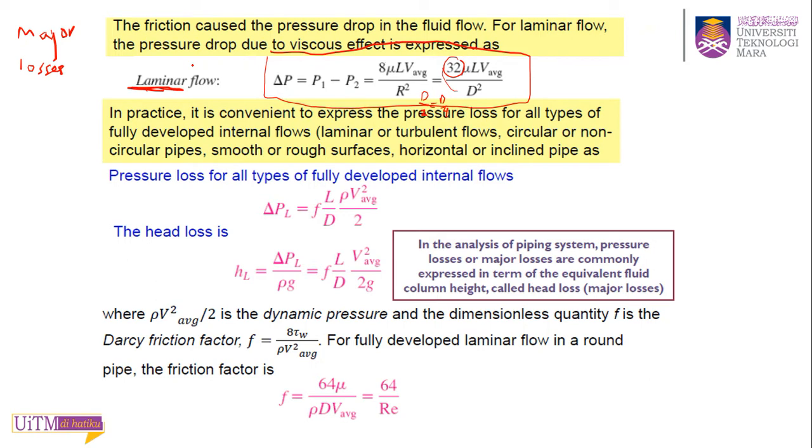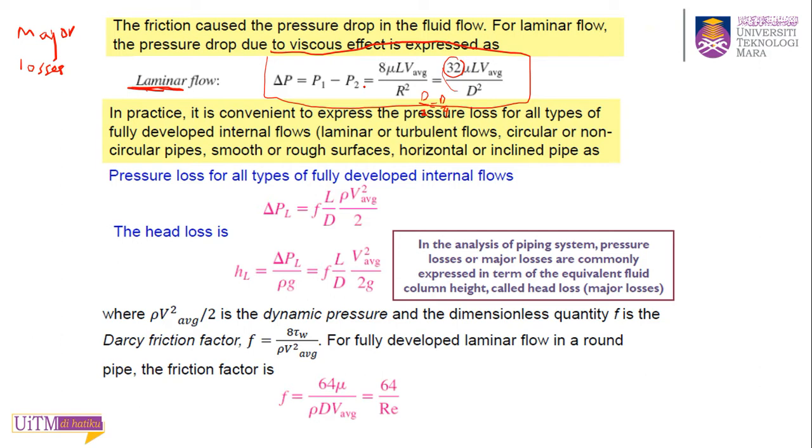But as the researchers and physicists investigated more and more, the equation for the pressure drop can be in one equation for both laminar and turbulent, circular or non-circular, smooth or rough surface, whatever flow, whatever pipe.